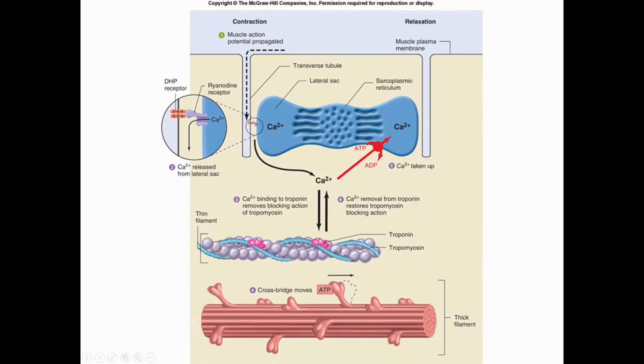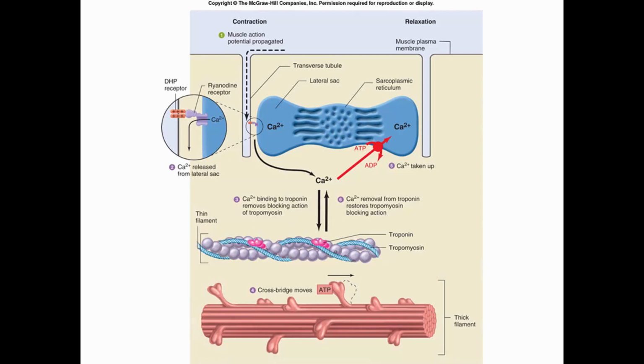The dihydropyridine receptor is a calcium channel, but its activity as a channel is not really what we're interested in. We're interested in the fact that this protein is voltage gated.